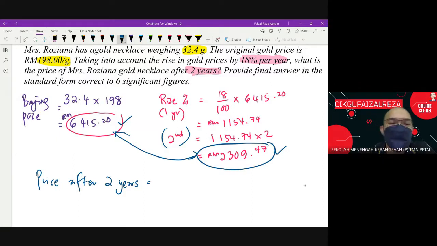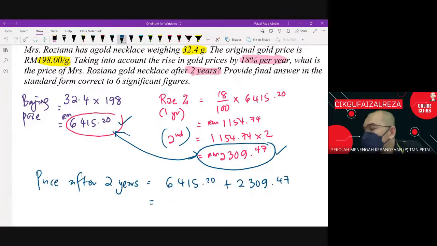From 6,450 ringgit 20 cent, we are going to plus, and the price after 2 years is going to be 8,724 ringgit 67 cents.